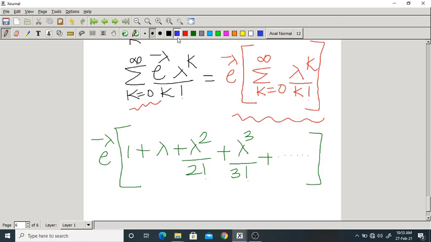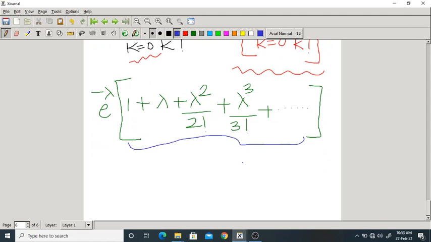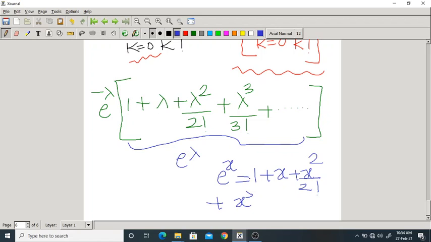But what is this? Can you tell me what is this? This is nothing but e power lambda. Okay, you might have seen that expansion of e power x. What is that? 1 plus x plus x square by 2 factorial plus x cube by 3 factorial plus so on, so on.